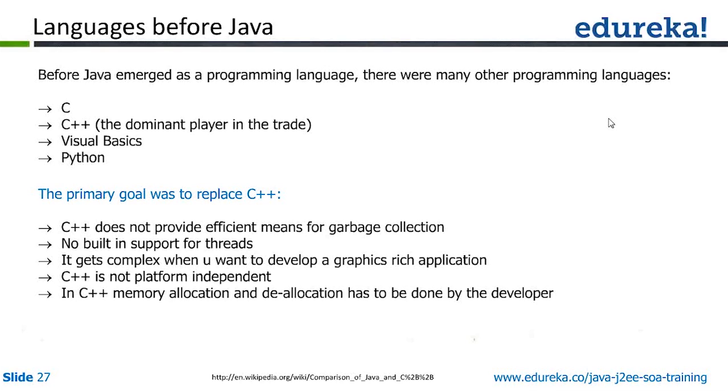So one is C++ does not provide efficient garbage collection. This is all part of the memory management. So the first point and the last point, memory allocation and deallocation in C++ was done by the developer.